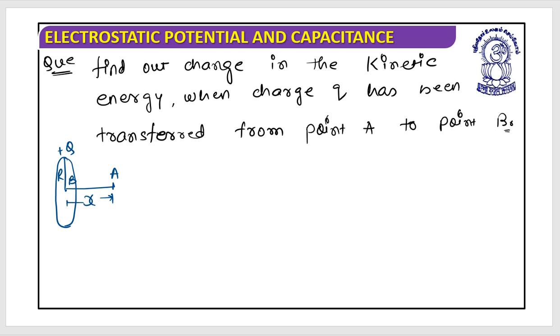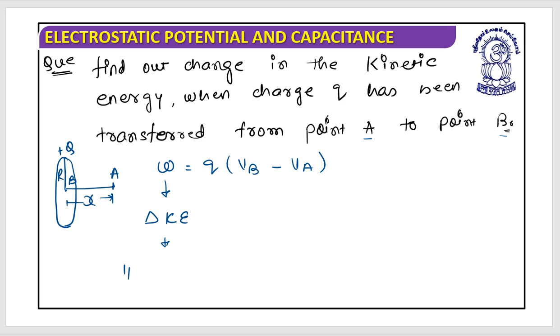So what I need to find out is the change in the kinetic energy. So what I can know is that work done is equal to Q multiplied by, from point A to point B, potential at point B minus at point A. Now if you have remembered the work energy theorem of unit 5 class 11 work power energy, what is it? Yes, work done is equal to change in kinetic energy.